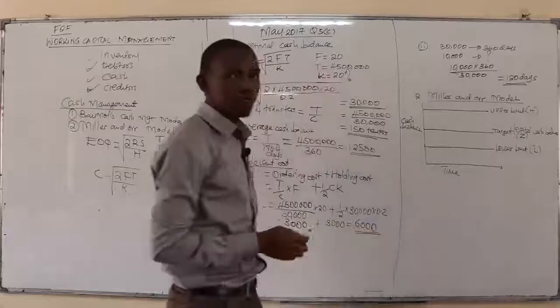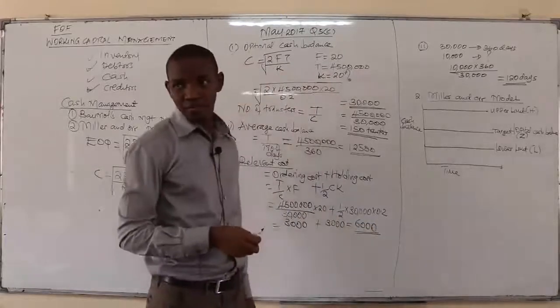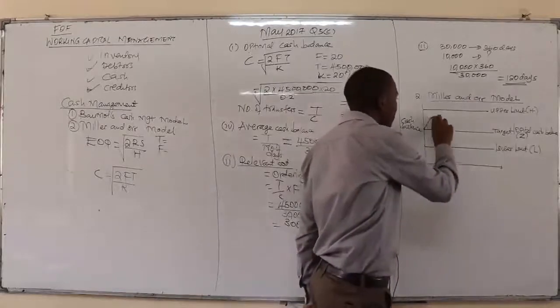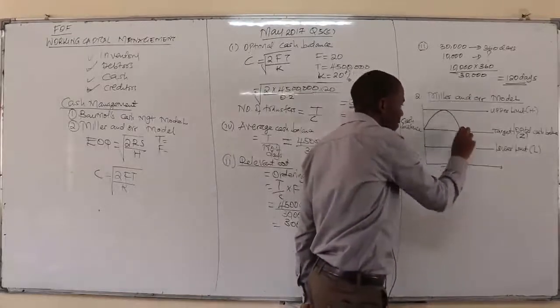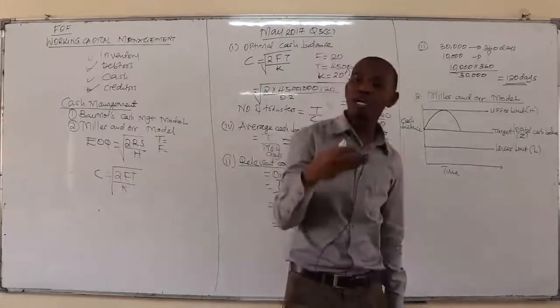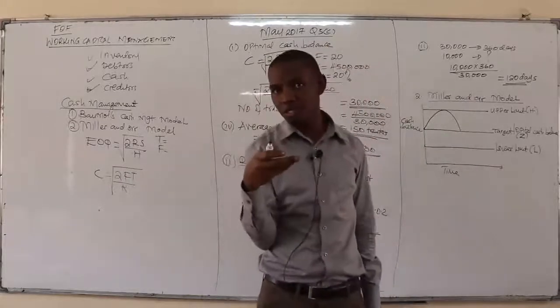So this is what Miller said. Alisema ukipata pesa ikuje ifike hapa to the upper limit, that money should be converted into marketable securities.